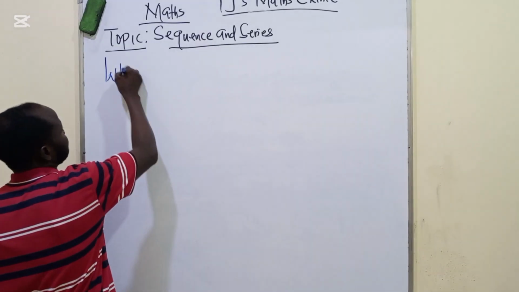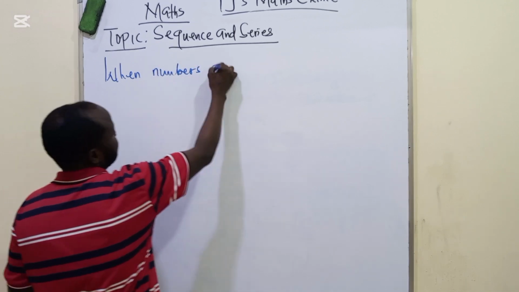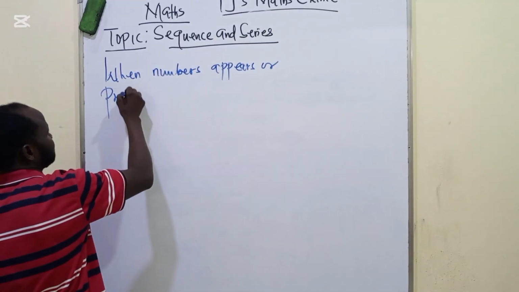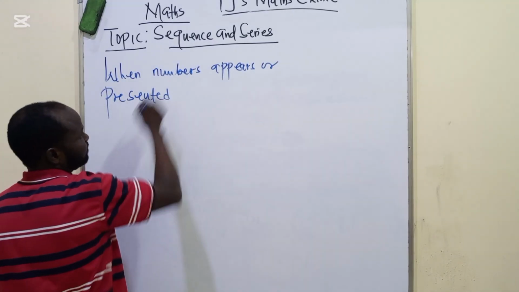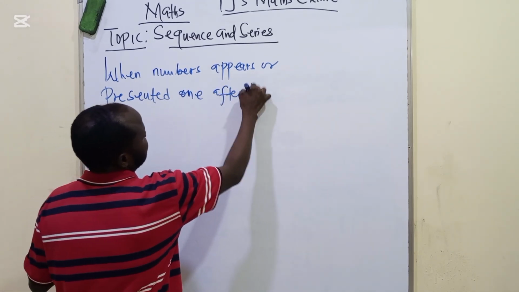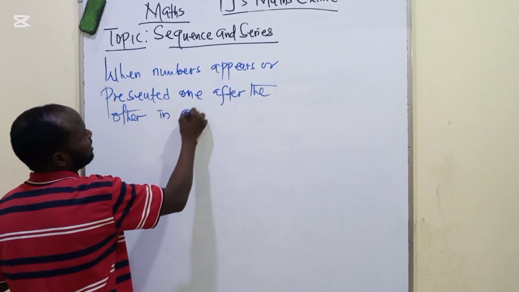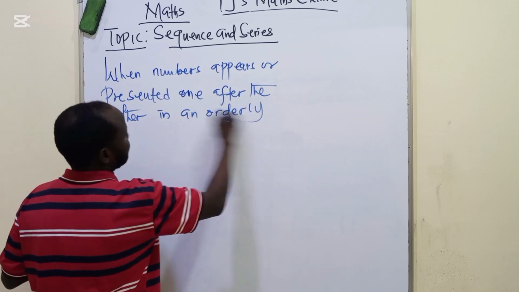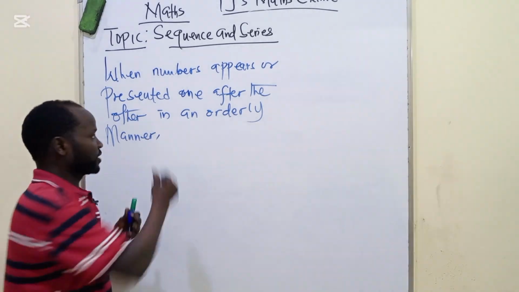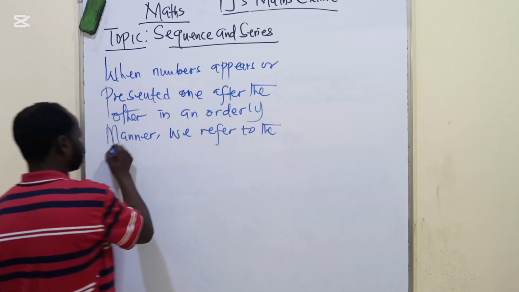When numbers appear or are presented one after the other in an orderly manner, we refer to the set of those numbers as what?